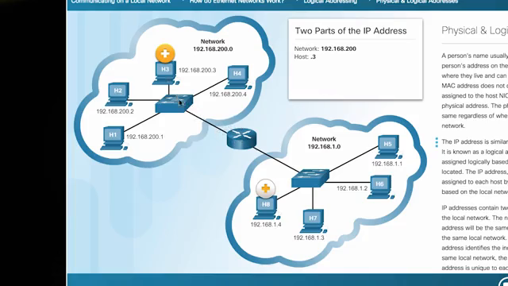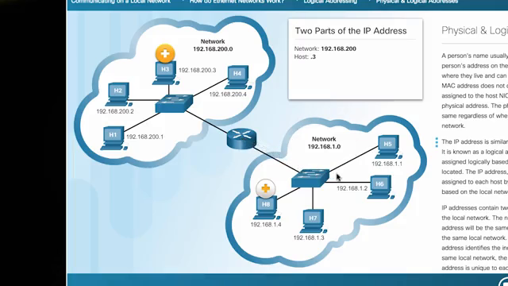Once the packet is delivered in the Ethernet frame to this router, the router will remove the Ethernet frame. It will then look at the destination IPv4 address of the packet, look it up in something called its routing table, and forward that packet out towards this other network, the 192.168.1.0 network.